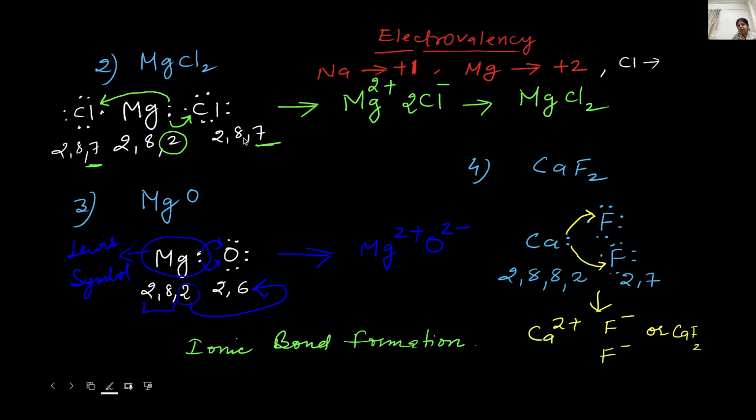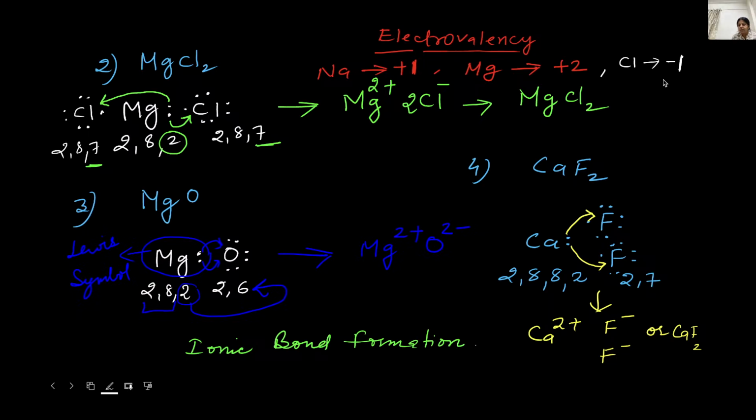In chlorine, the electronic configuration is 2,8,7. It needs one more electron to complete the octet. So, in order to gain one electron, it acquires 1 negative charge. So, the electrovalency of chlorine atom will be -1, isn't it?